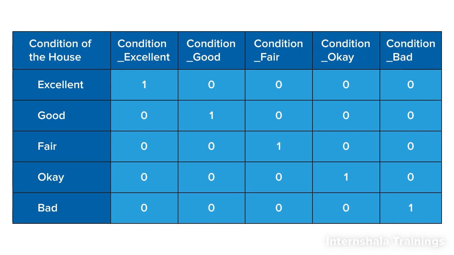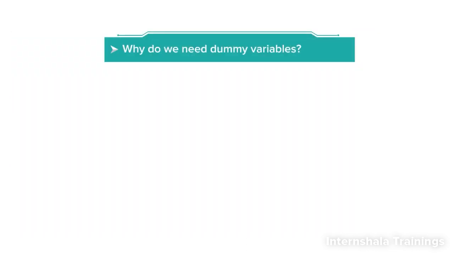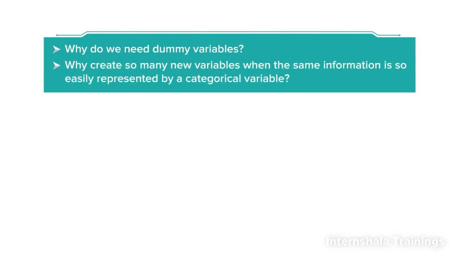Okay, so now you know what dummy variables are and how to create them. I'm sure you must be wondering, why do we need them? Why create so many variables when the same information is so easily represented by a categorical variable?